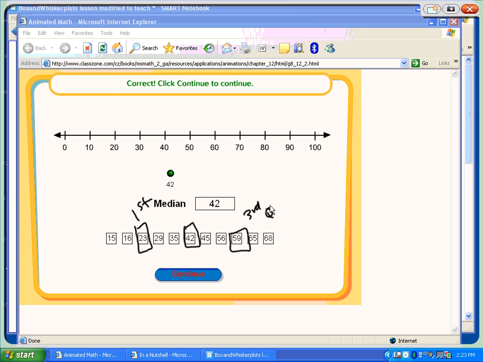Okay, so on your graph paper, above your number line, up here, go up to 42. Make a dot a little bit above where you think 42 is.